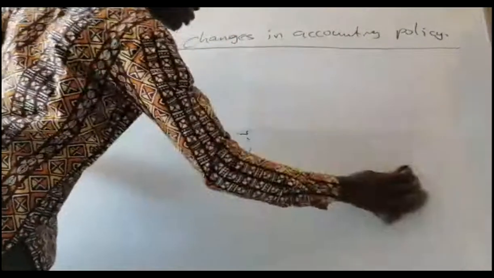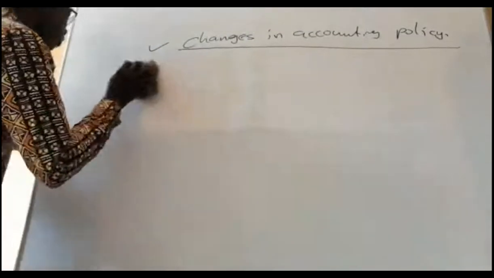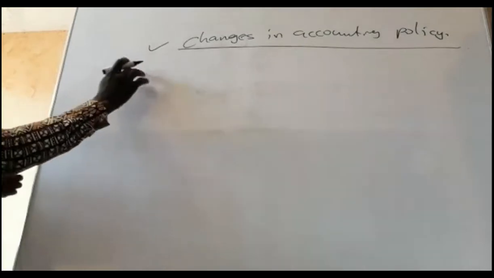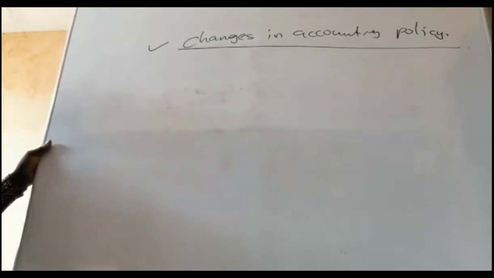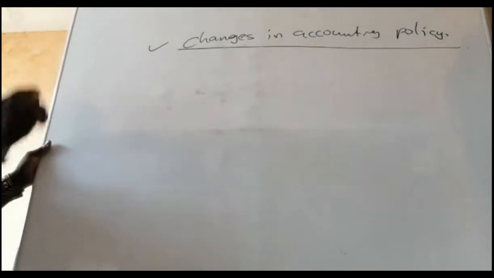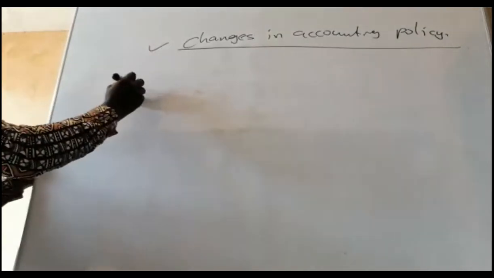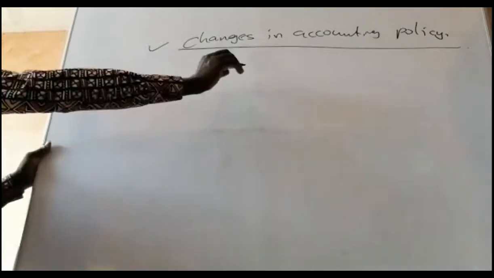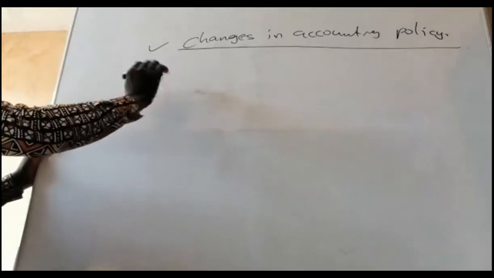Now let's see what constitutes a change in accounting policy. A change in accounting policy will occur if there has been a change in the following. One, change in recognition.